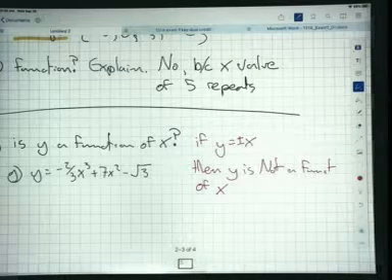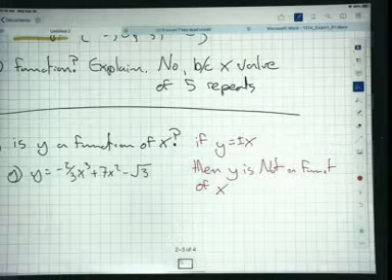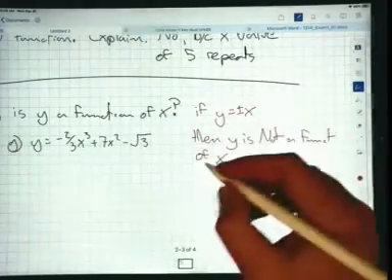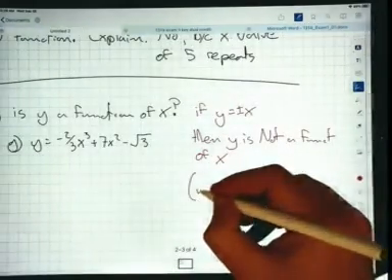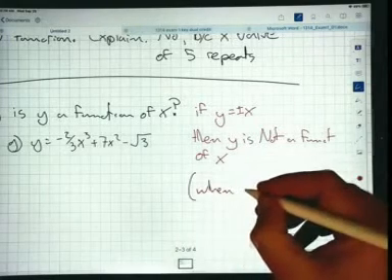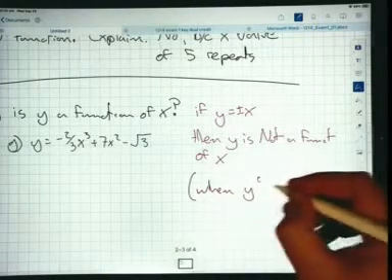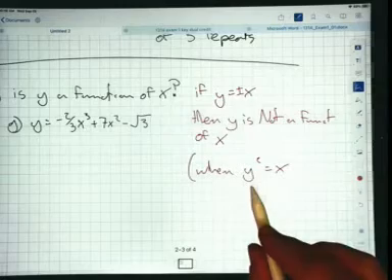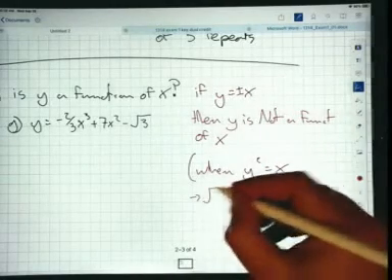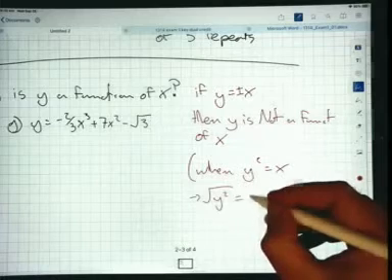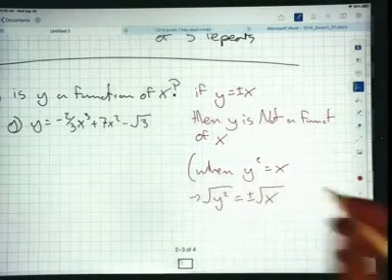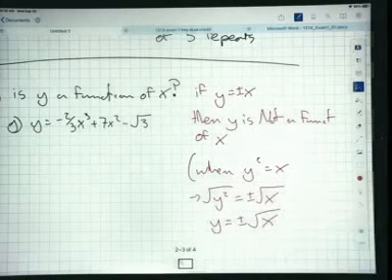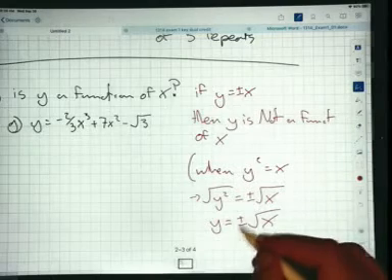If y is equal to plus or minus x, then y is not a function of x. So, the only time that you get this type of situation is when you have, for example, y squared equals x. Because what we want to do is get y by itself, so I would then square root both sides. But when I square root both sides, I have to include a plus or minus notation, and that gives me plus or minus, in this case, the square root of x. But there's that plus or minus.